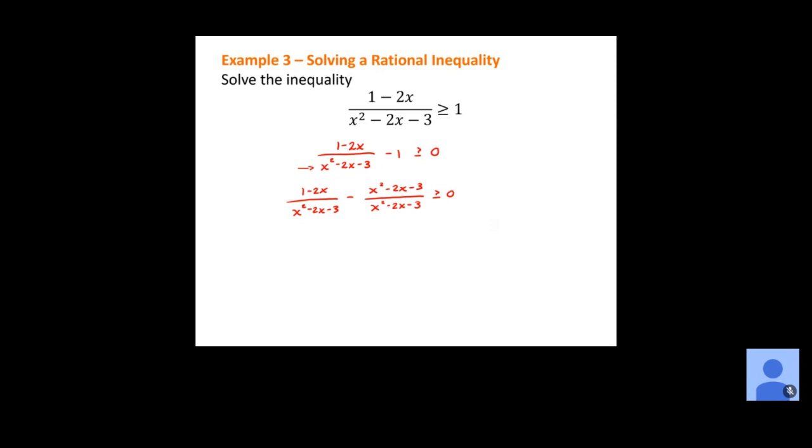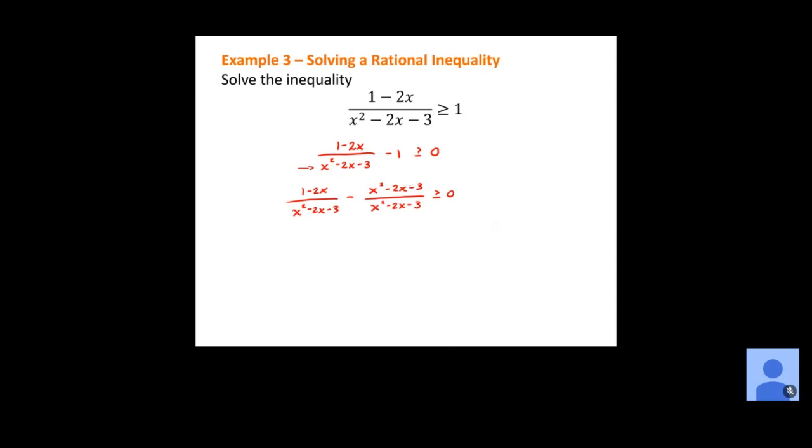All right, now let's put these two fractions together. So if I subtract here, what am I going to end up with in the numerator? Almost, right? So be careful here.